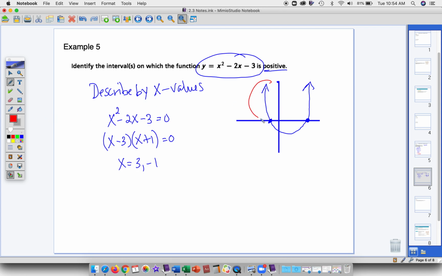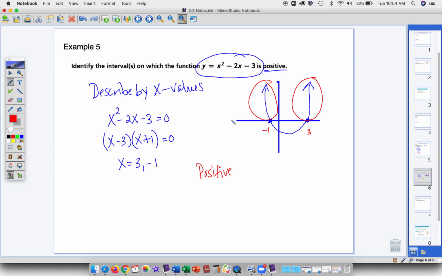Since it's opening upward, my positive intervals are above the x-axis, so it's these two intervals. This was my x-intercept of -1, and this is my x-intercept of +3. So the function is positive over the interval. We're going all the way to the left.